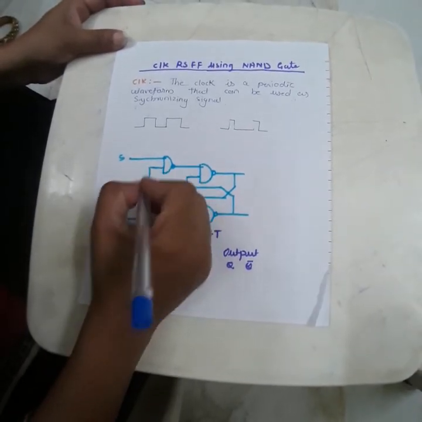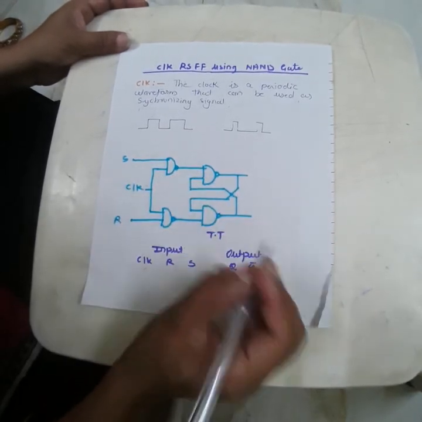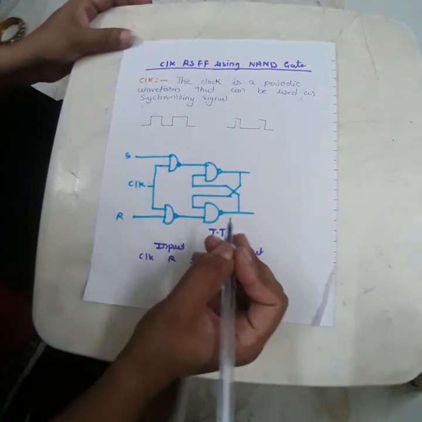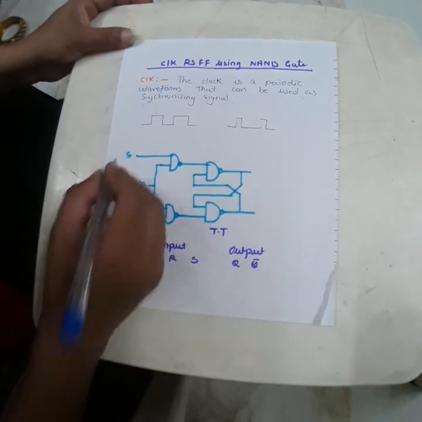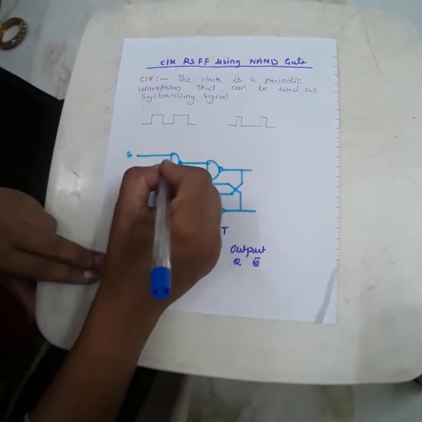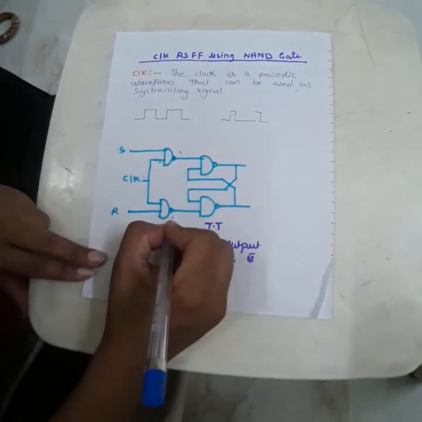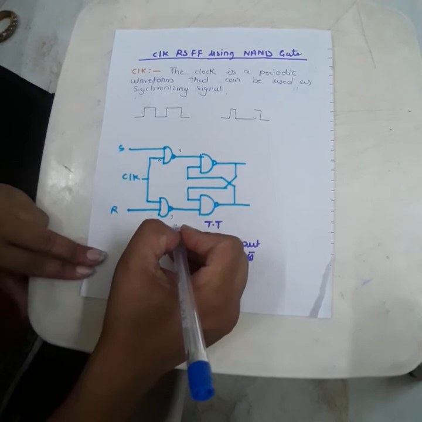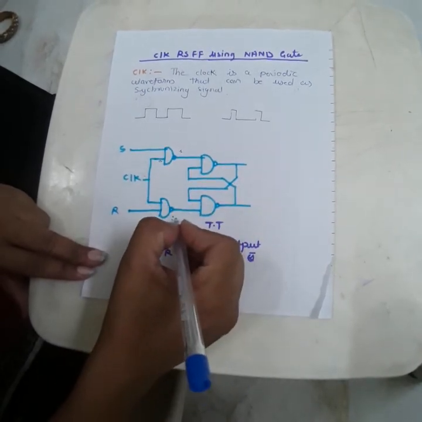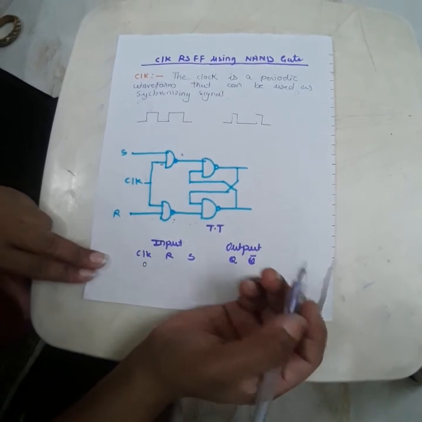Here is the RS flip-flop using NAND gate. The clock terminal is attached to the second input of the NAND gates. Now we check the condition where clock equals 0. When clock equals 0, one of the inputs is 0, so you will get 1 1 at the outputs, and you know that when the NAND gate inputs are 1 1, you get the no change condition.